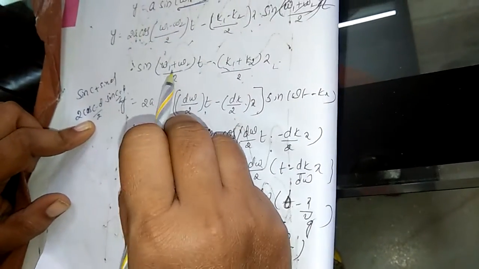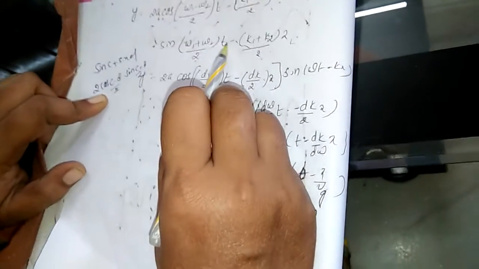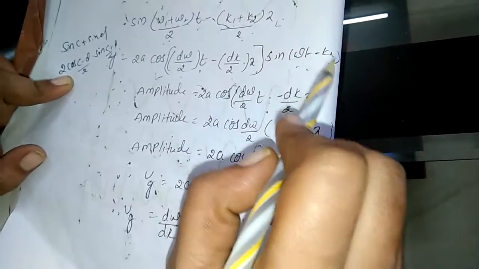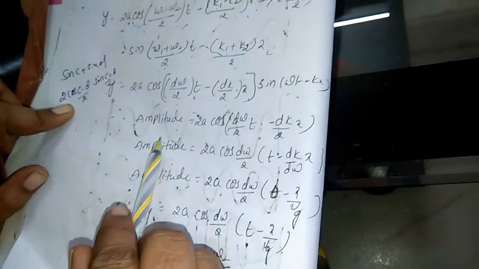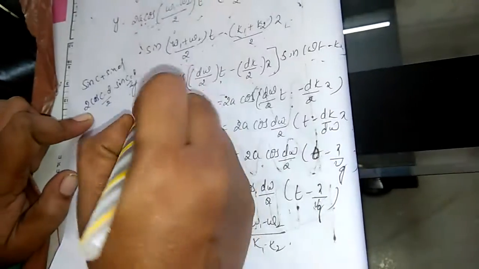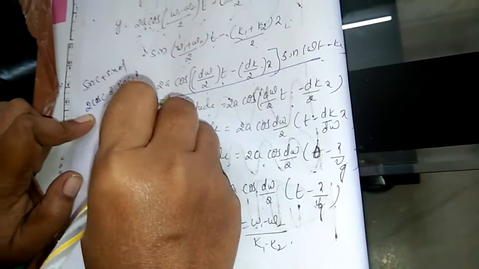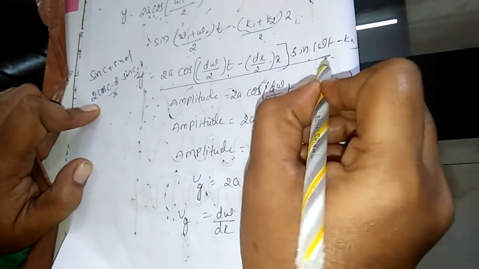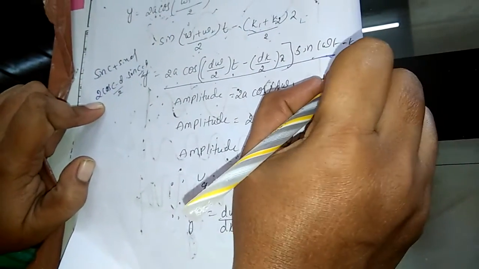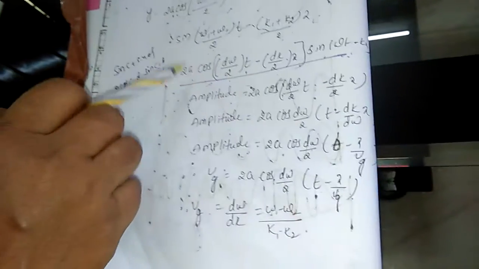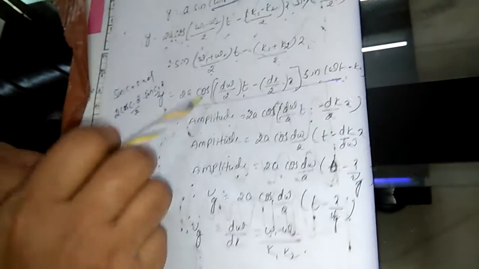The remaining term is sin of omega into t minus kx, where omega1 plus omega2 is taken as omega. Then the amplitude: look at here, this is 2a times some value into sin(omega t minus kx). It is in the form of the displacement equation.